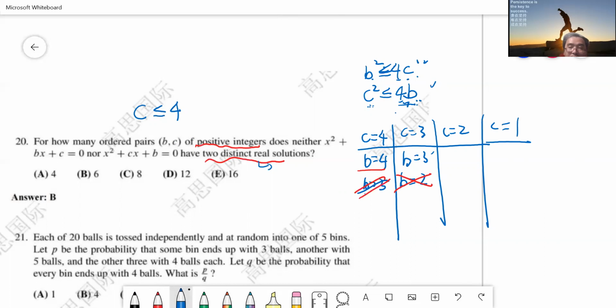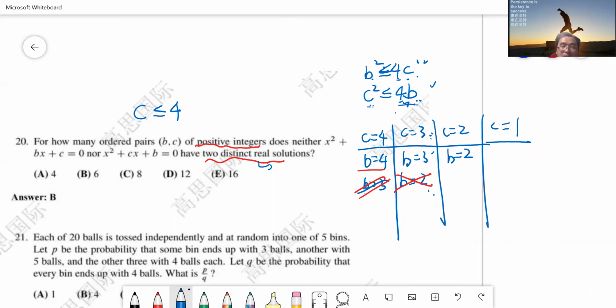So then we look at c equal to 2. We don't have to check b equal to 3, right? We already saw 3 and 2. They are symmetric, right? So then we need to look at b equal to 2. That's 2 squared smaller than 4 times 2.